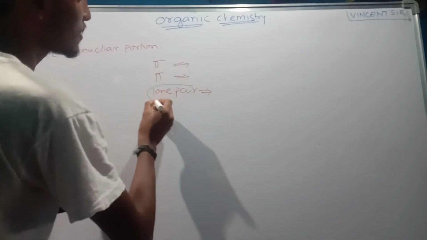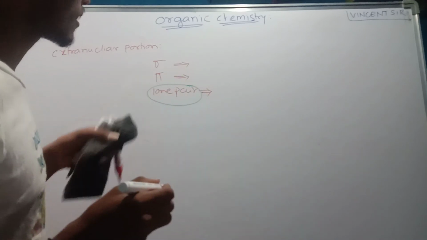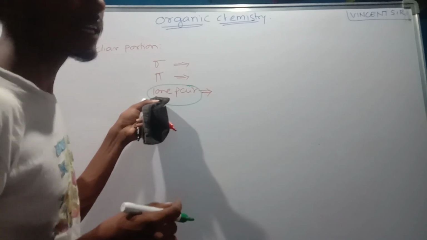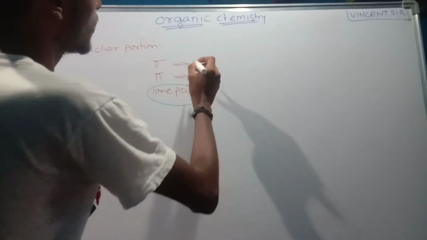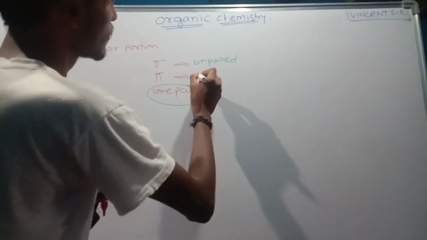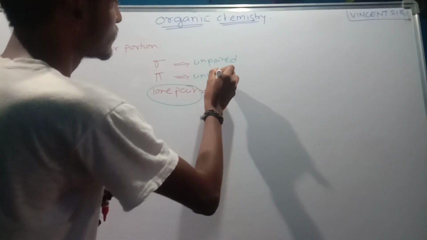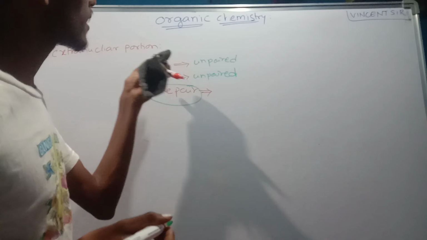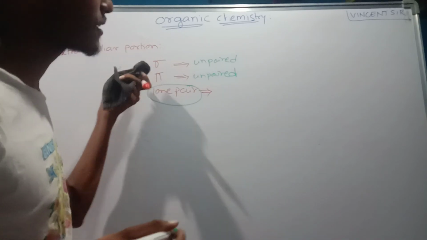A lone pair always remains as a lone pair of electrons. Lone pair means paired electrons of the same atom remain as a lone pair. But what are the unpaired electrons? Those are involved in the sigma and pi bondings.